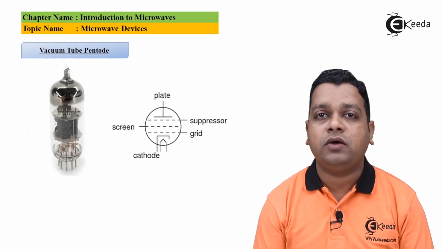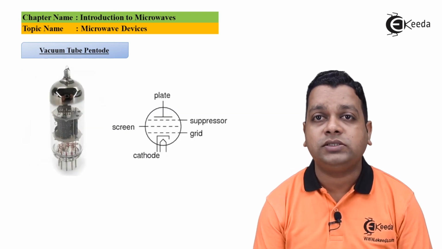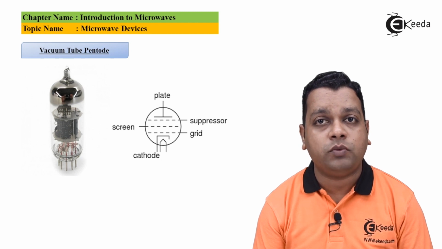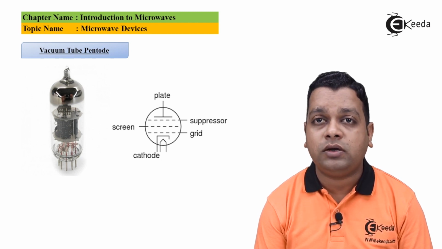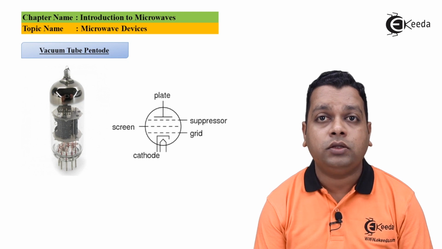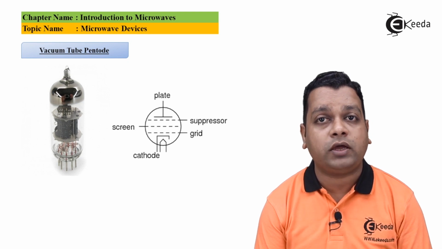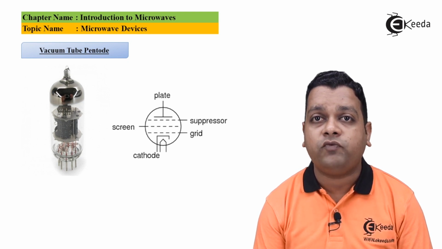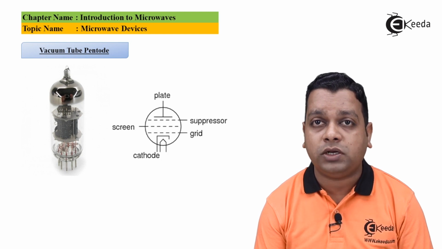Up till now we have seen that the 2 terminal device among vacuum tubes is the vacuum tube diode, the 3 terminal device is the vacuum tube triode, and the 4 terminal device is the vacuum tube tetrode. If we have 5 electrodes, we have the vacuum tube pentode.